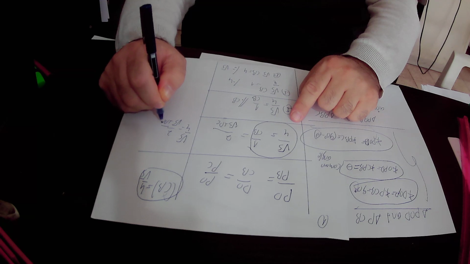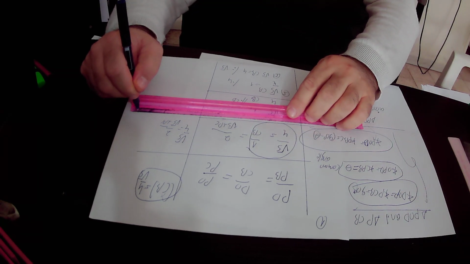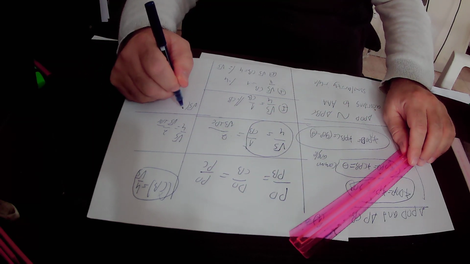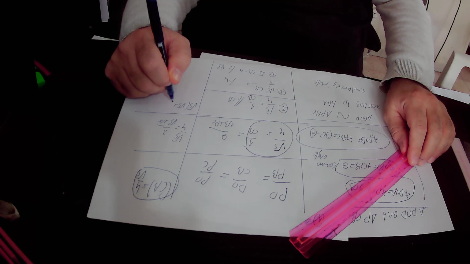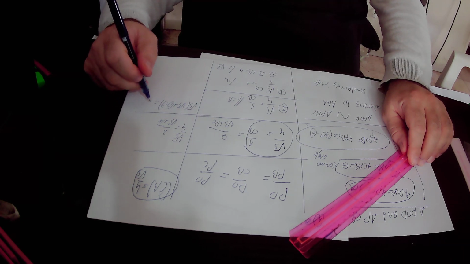Here we'll cross multiply this equation, and we get that square root of 5 times square root of 5 plus DC equals 4 times 2 is 8.